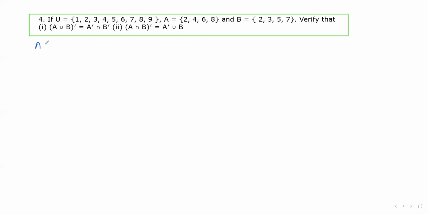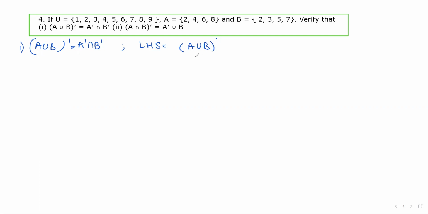So (A union B) complement is equal to A complement intersection B complement. We know that this is De Morgan's law. So let's calculate the value of LHS and RHS and see if they match.